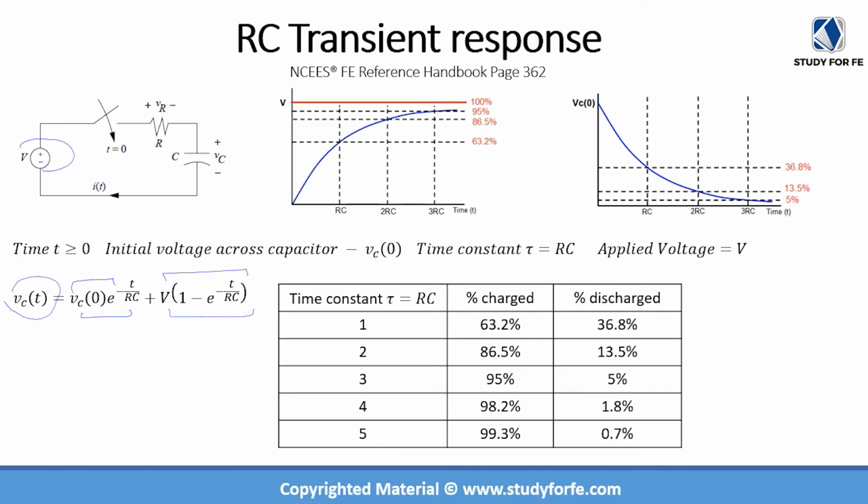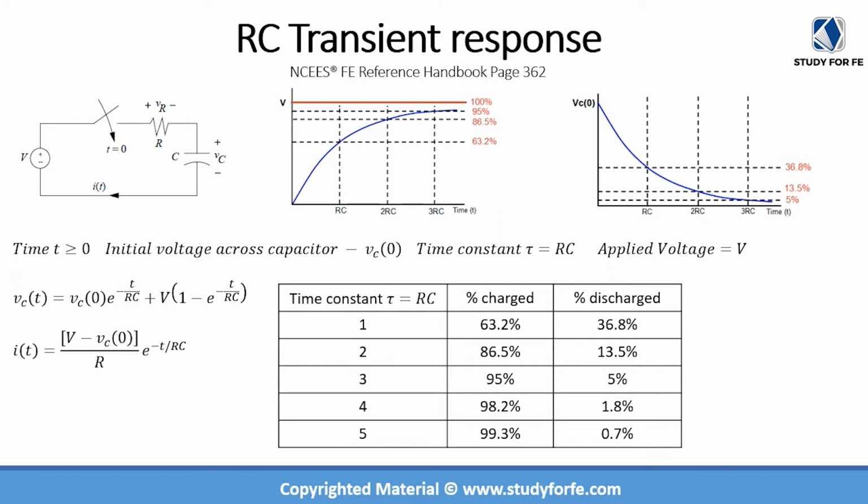So this may or may not always be equal to 0. If it has a certain value, you would analyze the circuit, evaluate what that initial voltage is, figure out what the applied voltage is after the switch is closed or opened, and then plug in those values. You have to be careful, because sometimes students get these initial conditions wrong and they can cost you. They are very important because they really impact how this equation gets set up.